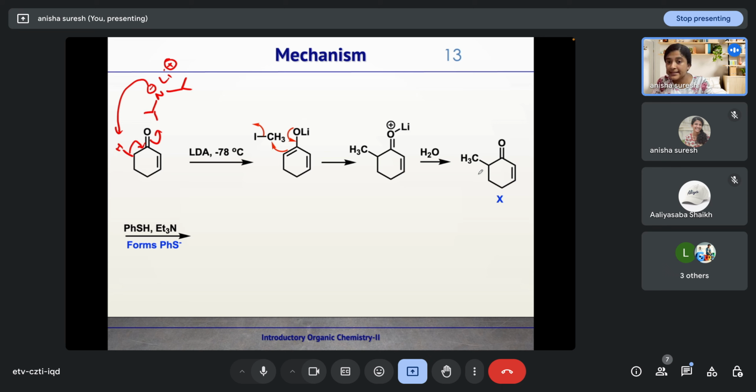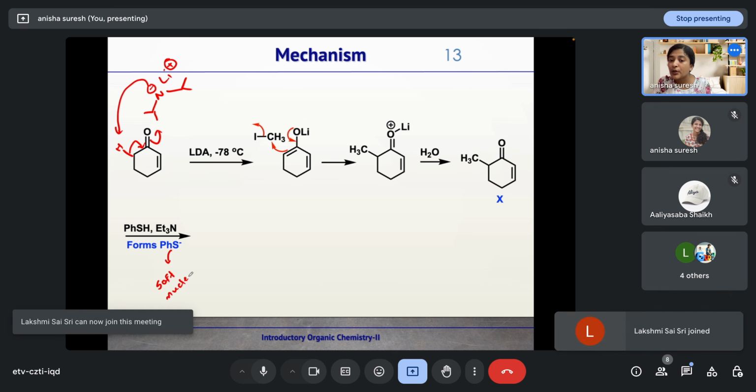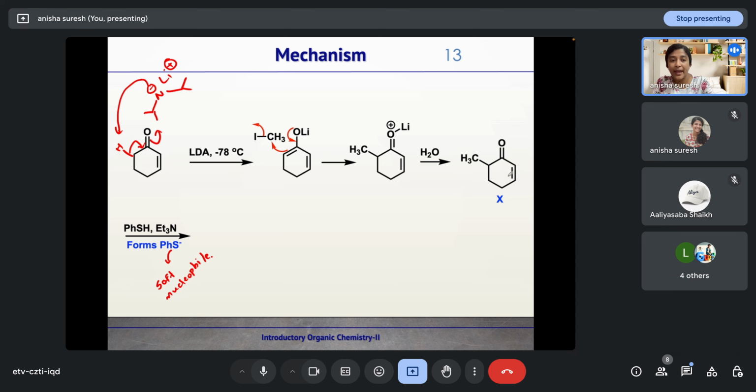Now we have X in hand, and we are treating it with PhSH, thiophenol, in the presence of triethylamine. So triethylamine can abstract the proton on this thiophenol, and it will lead to formation of PhS minus. So we have seen this is a soft nucleophile. PhS minus is a soft nucleophile, so it will undergo conjugate addition reaction at this position, and we will get this intermediate.